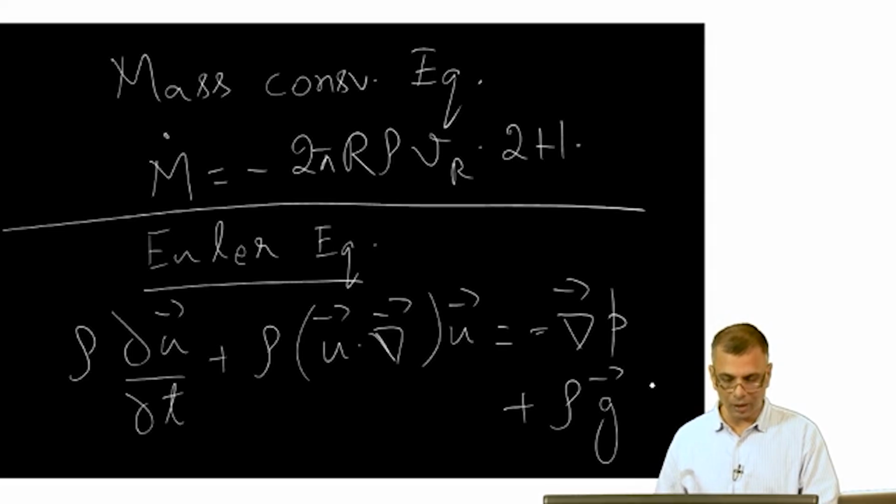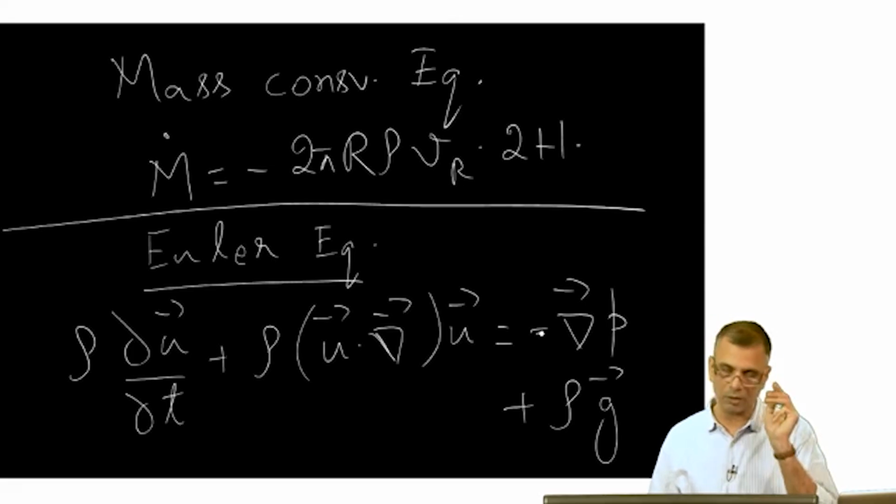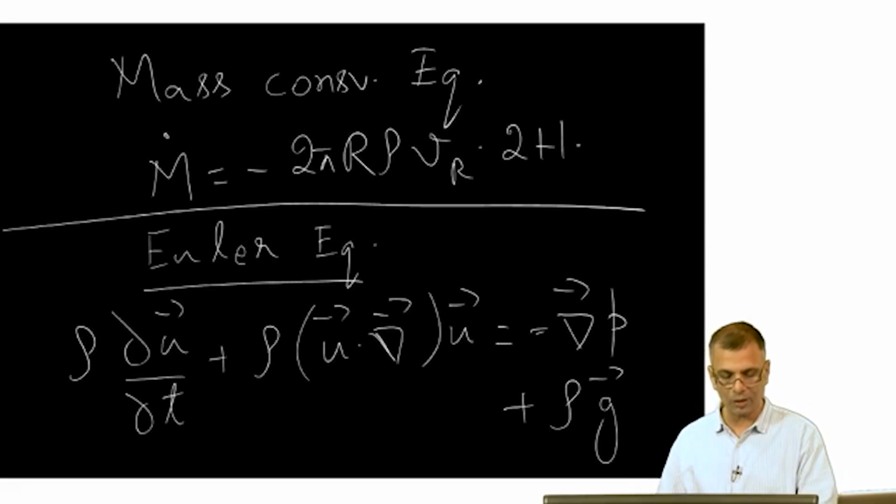In this case, we will have three different components of the Euler equation.